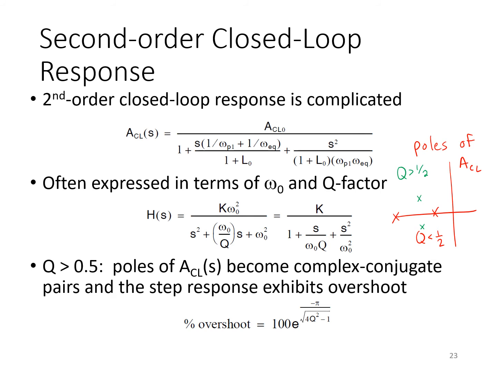Even before that, we will see, however, overshoot in the step response of the closed loop amplifier. And that will arise as soon as we have complex conjugate poles, and that is when Q is greater than 0.5. So obviously Q and omega naught are related to the underlying amplifier poles and DC gains. So that's the connection between the closed loop response, dynamic response, and the loop response L.